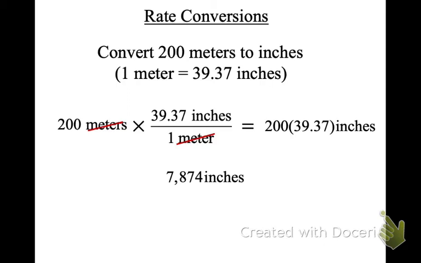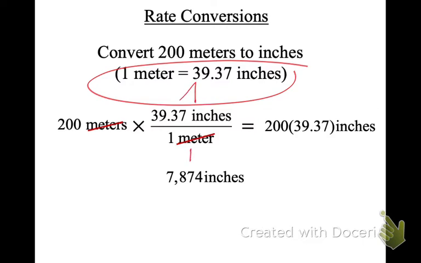So either they're going to give you this, and we turn that into this fancy fraction of 1. We're using the identity property. You can use 1 inch is equal to 2.54 centimeters. So that's another one. That's usually the one I have memorized. I don't usually have this. But all you need is 1 to get you from one system to the next.